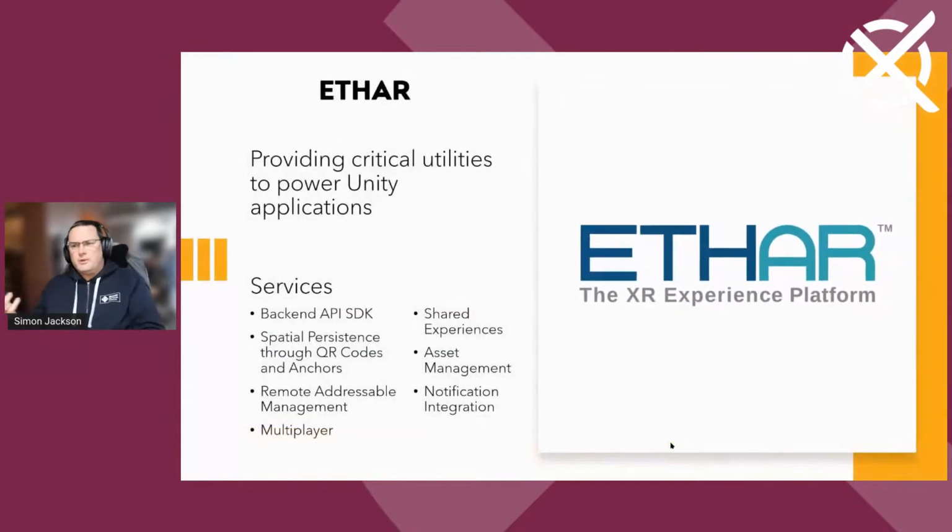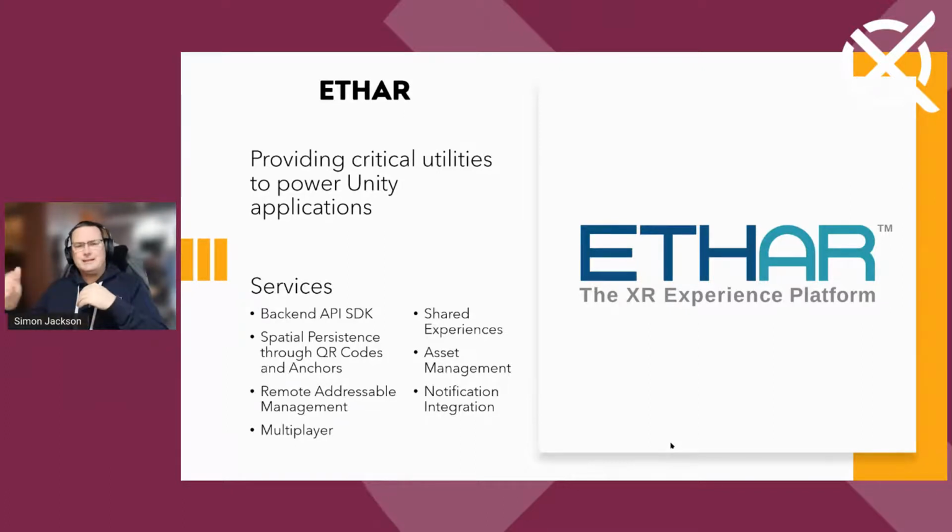Over at Ether, which is a premier XR experience platform, they're very big in the US at the moment with how they're delivering these things. And again, they keep amazing me with what they want to use this for. So whether they're doing spatial tracking through Azure anchors or image tracking, they're having a whole addressable system.